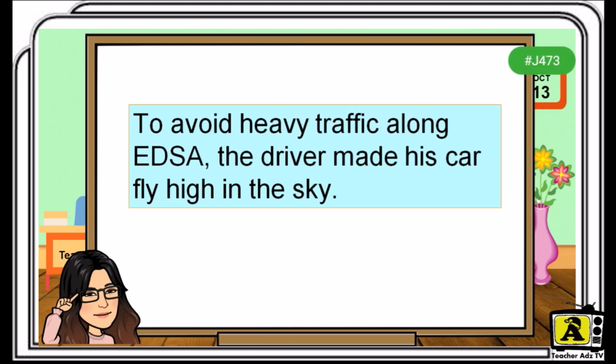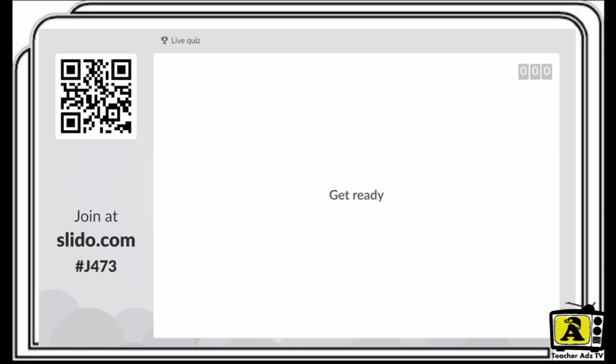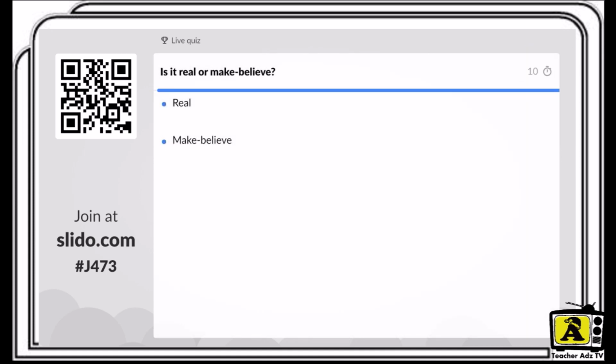To avoid heavy traffic along EDSA, the driver made his car fly high in the sky. Are you ready? Let's see. Get ready. Is it real or make-believe?